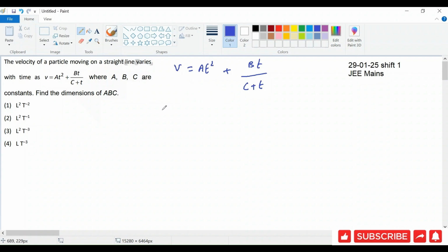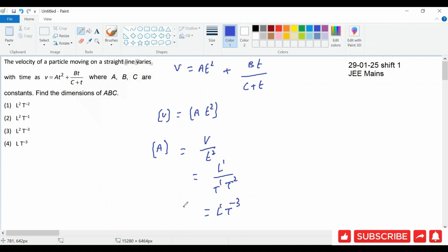So can I say the dimensional formula of V is equal to that of A into T square? I want the dimensional formula of A. A is equal to V divided by T square. Velocity is L power 1 T power minus 1, divided by T square, so it becomes L power 1 T power minus 3. This is the dimensional formula of A.